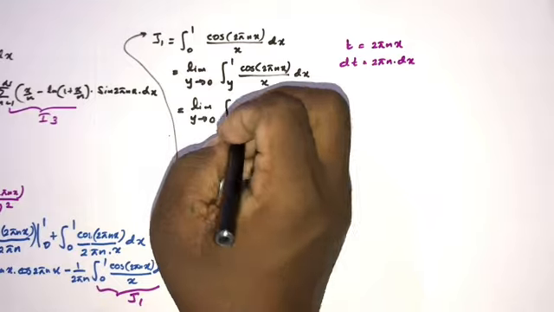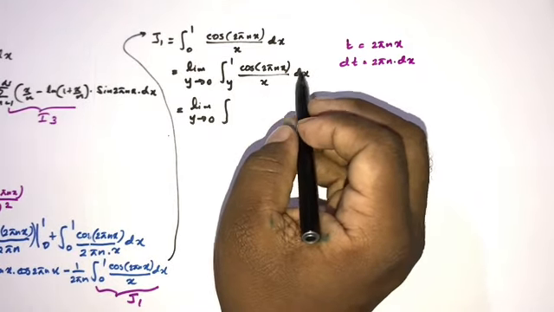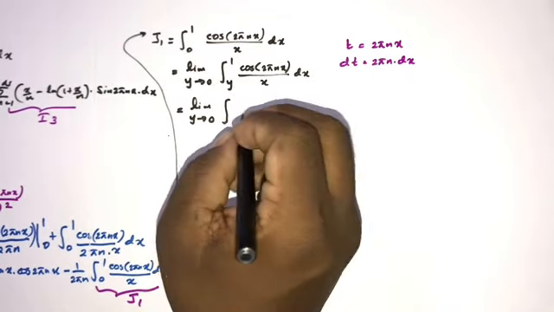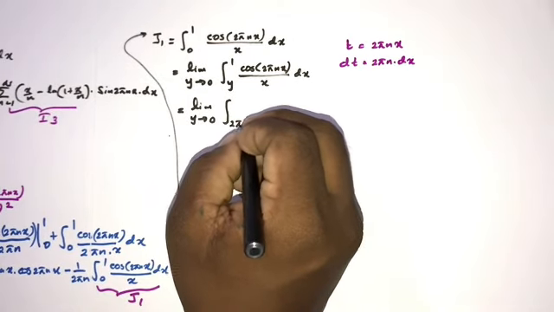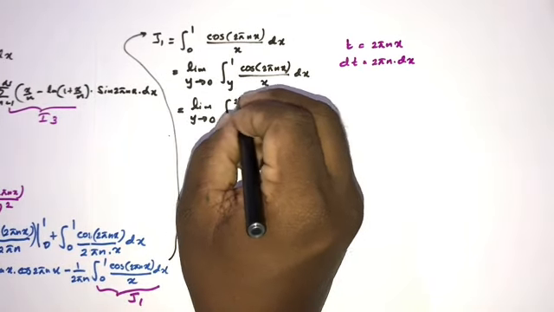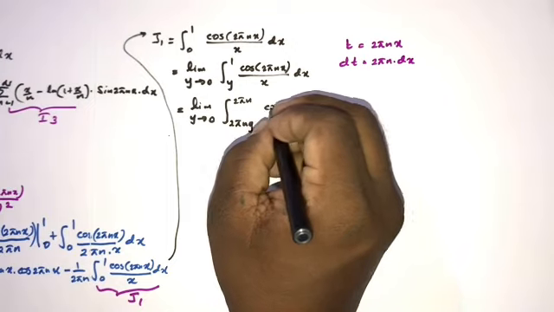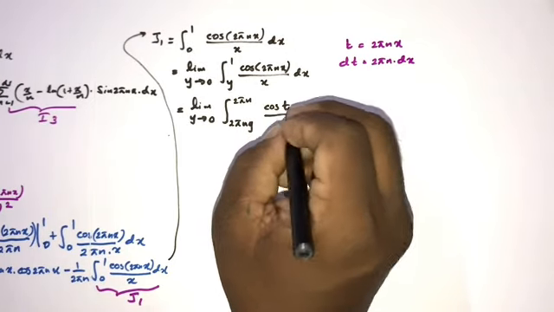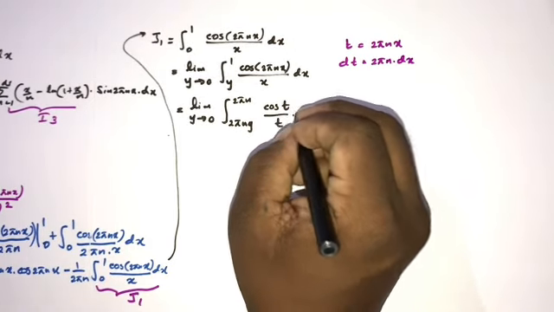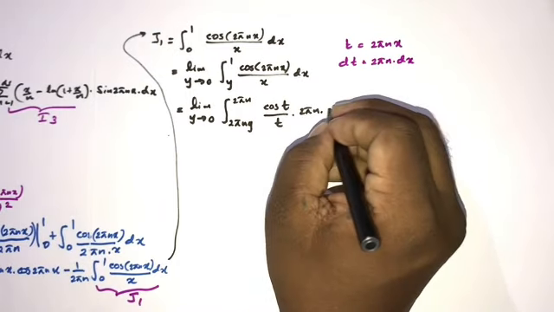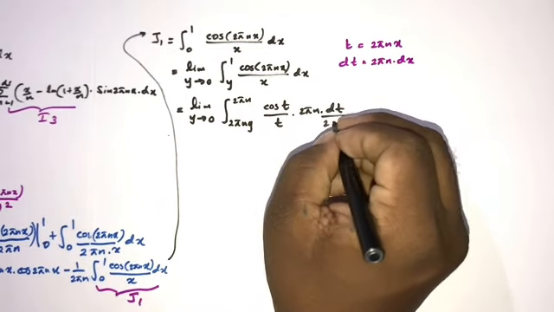The lower limit, when x approaches y, is 2 pi ny, and the upper limit is 2 pi n. Here we have cosine of t over t times 2 pi n times dt over 2 pi n.